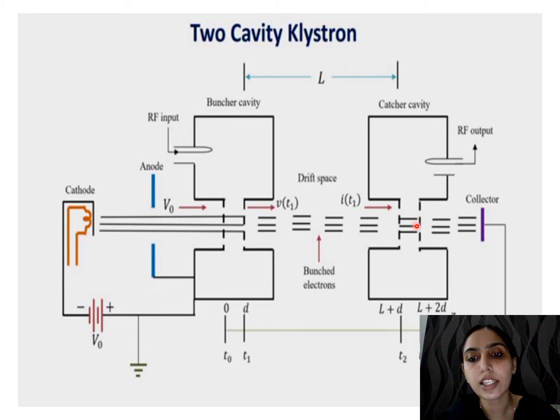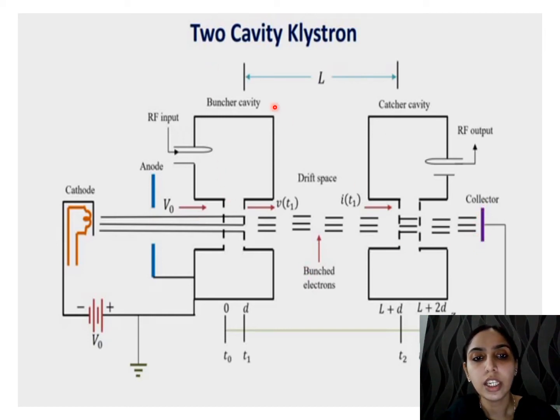These electrons are supposed to transfer their kinetic energy to the fields of the catcher cavity, then only can we take the RF output. The electrons emerging outside the catcher cavity are assumed to have a reduced velocity and are collected by the collector.